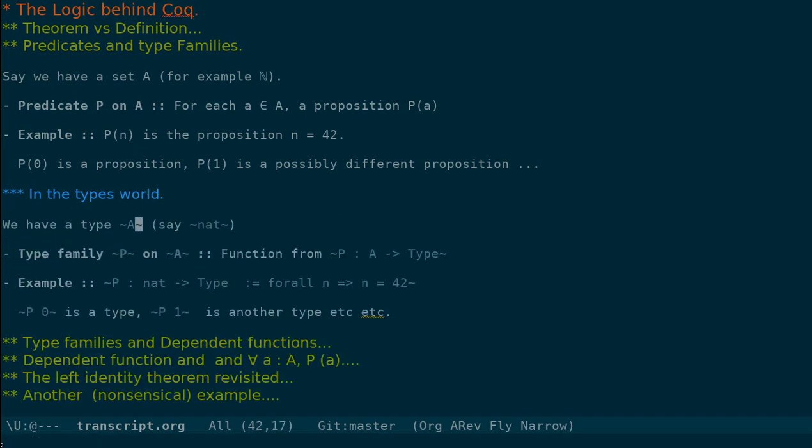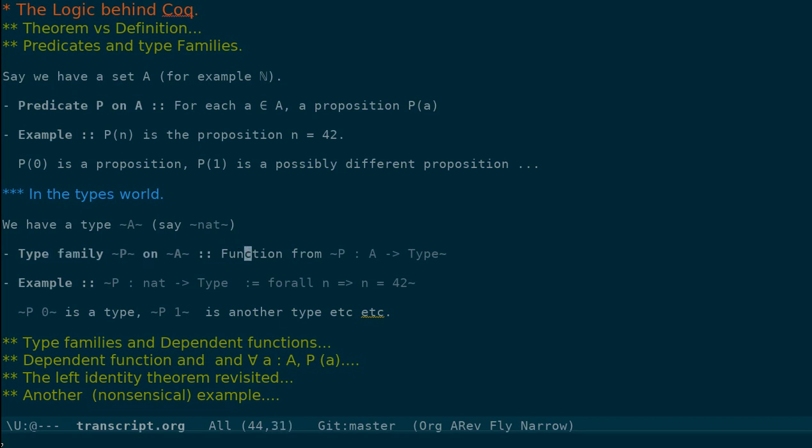The role played by a set A is played by a type A. Like in our case, if you want to think of natural numbers, the type that we are interested in is NAT. And a proposition should do what? For each element in the type, it should give you another type, because remember, a particular proposition is a type. So a proposition is captured by what is known as a type family.